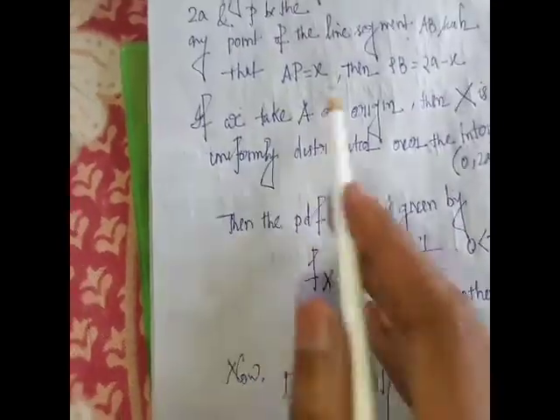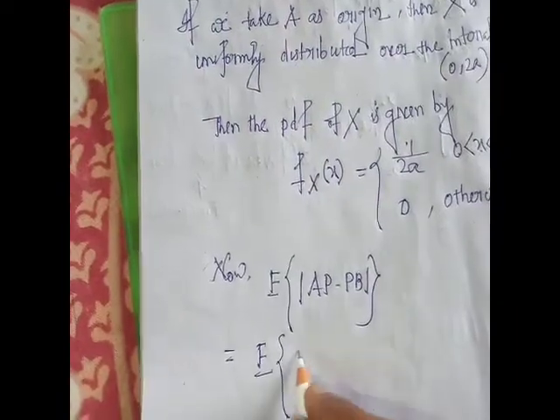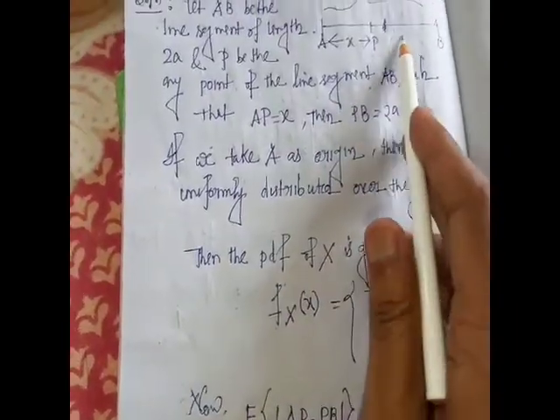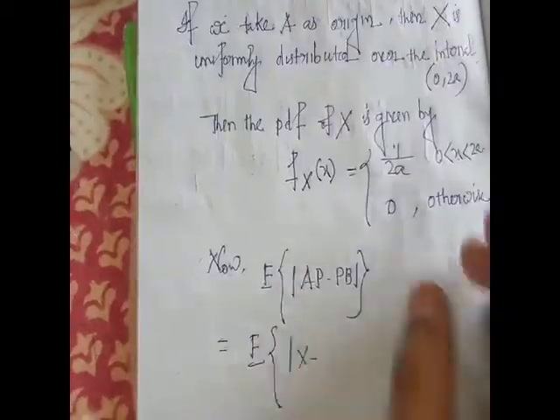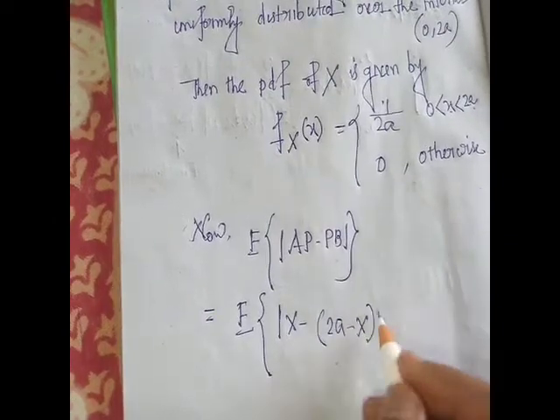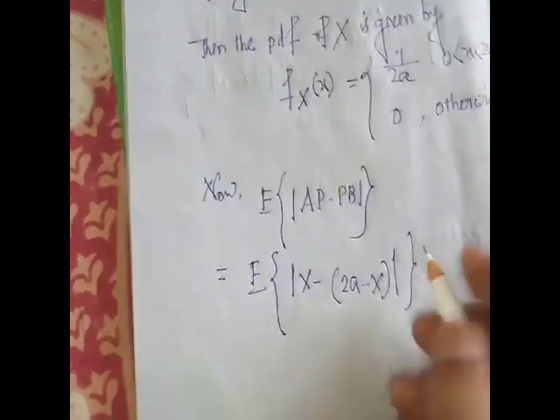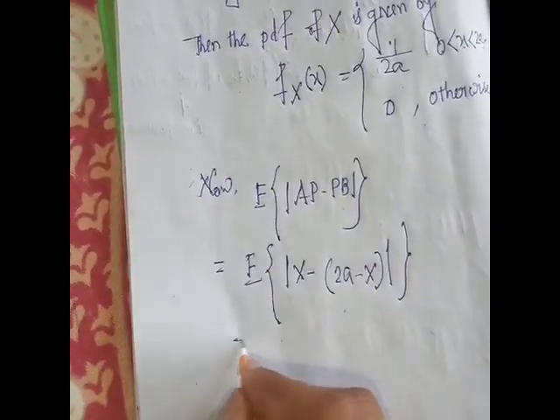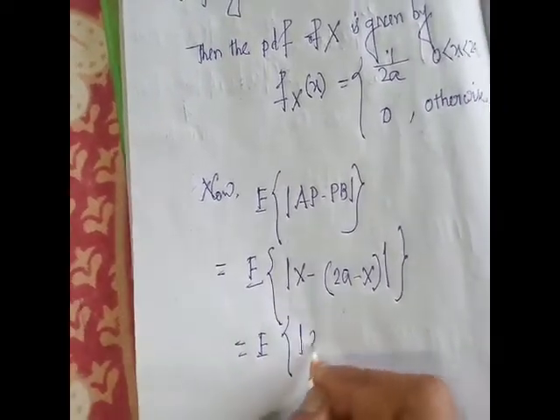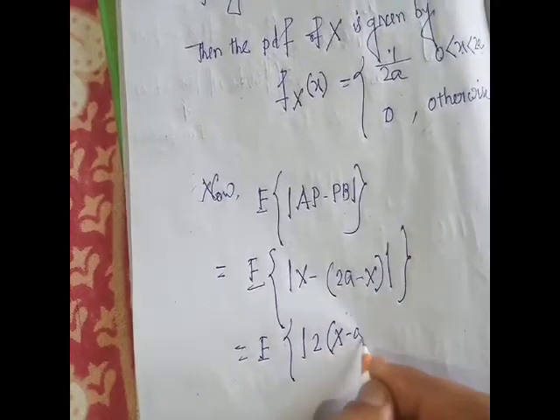AP means x, PB means 2a minus x, so mod of x minus (2a minus x). This means expectation of mod of 2 into (x minus a).